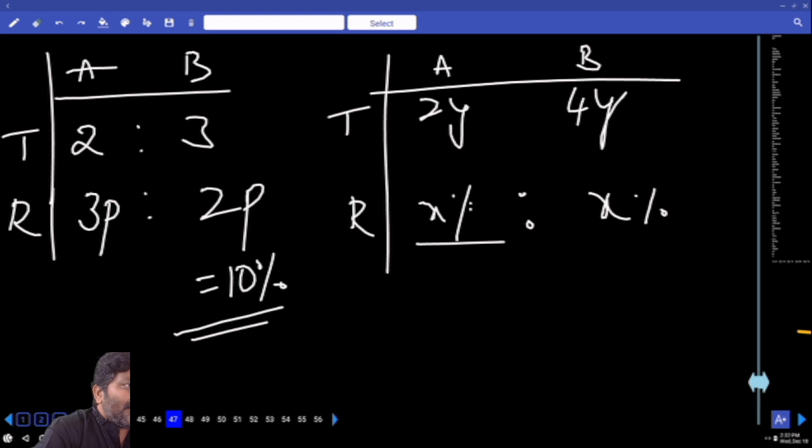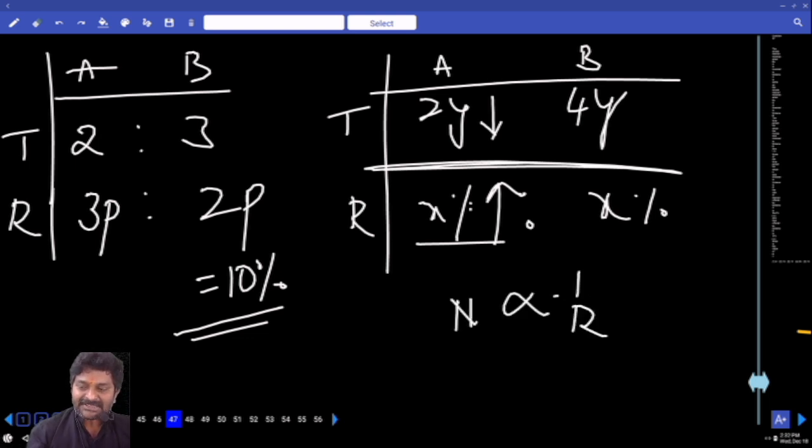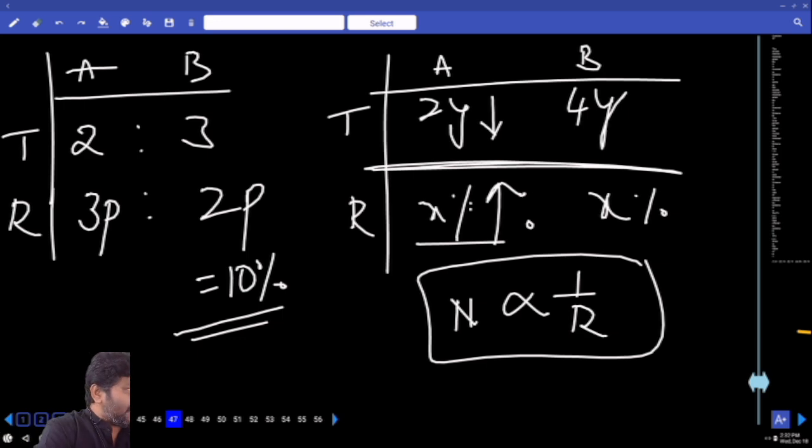So, if you are getting the same interest in less time, your rate of interest should be more. Understood, right? That is the relation we were talking about. If principals are the same and interests are the same, the relation between time period and rate of interest is inversely proportional.